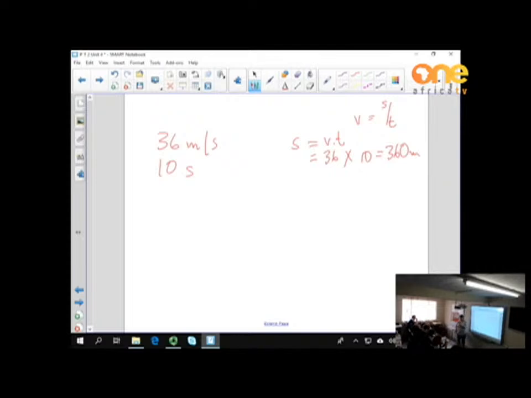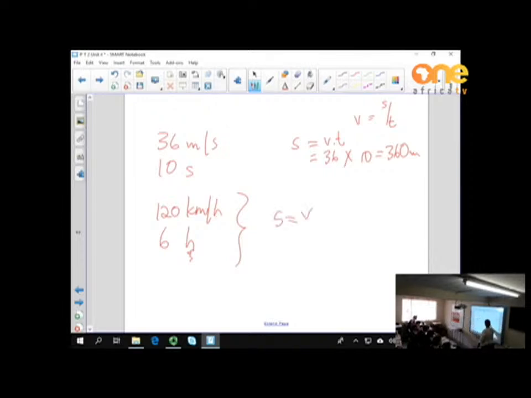B. A motor vehicle traveling at 120 kilometers per hour for 6 hours. It's the same calculation, except we're working with kilometers and hours. If this one was in minutes or seconds, you would have to convert it to hours. Once again, we want the distance.